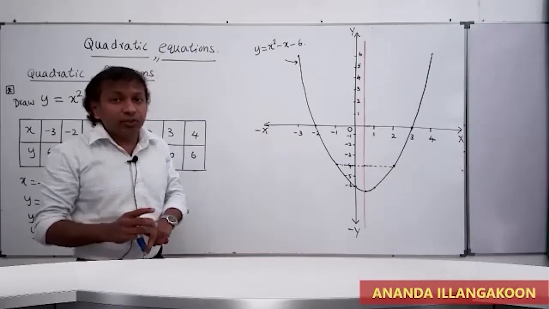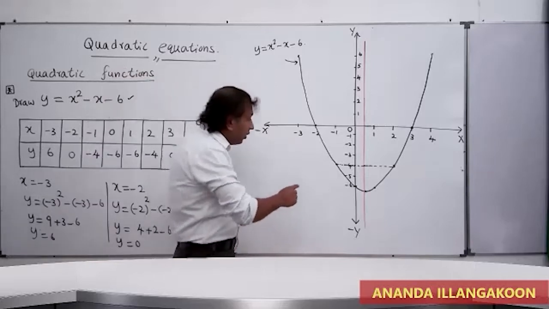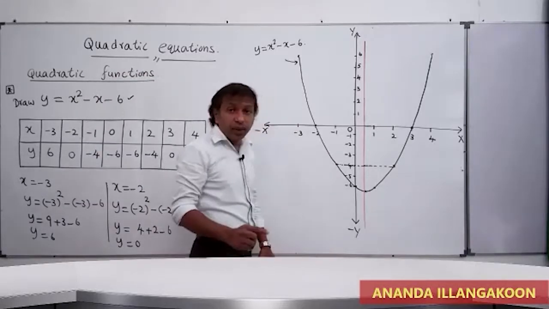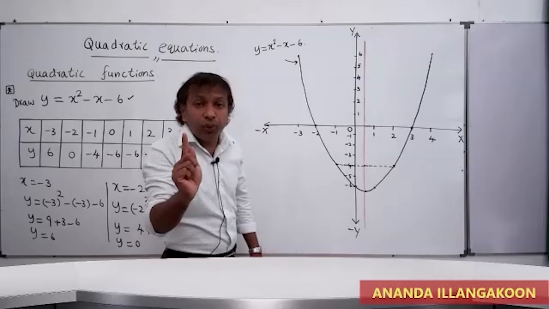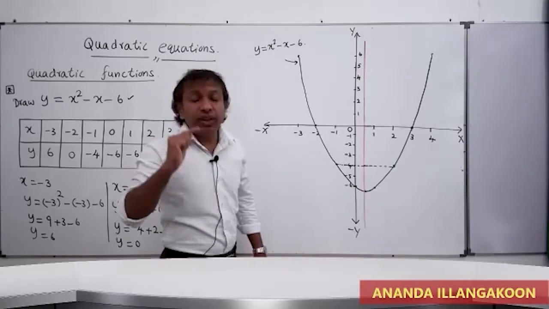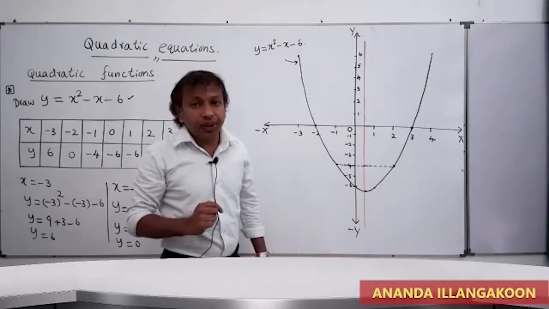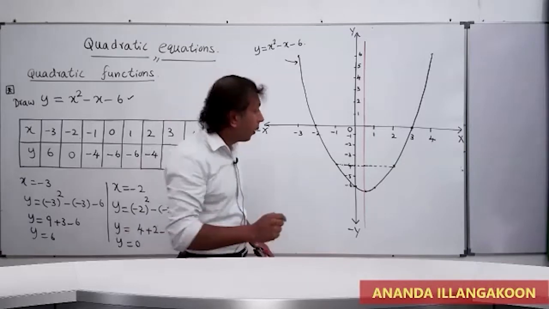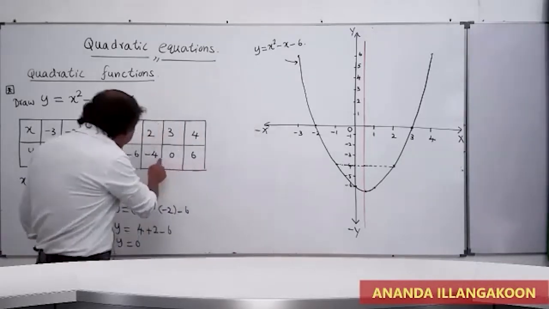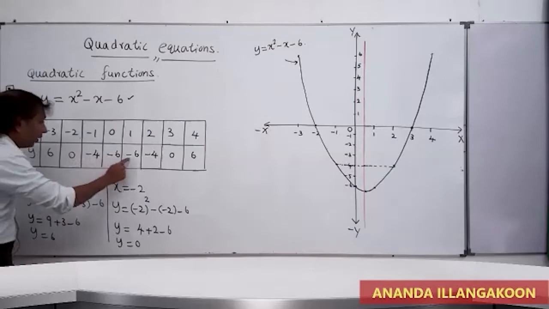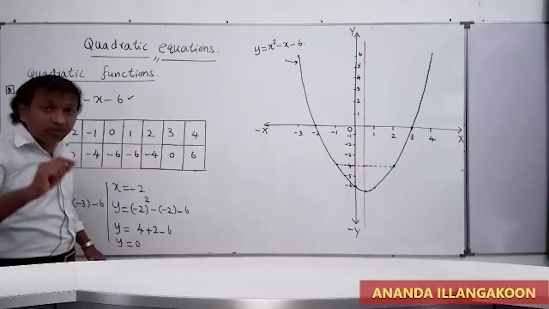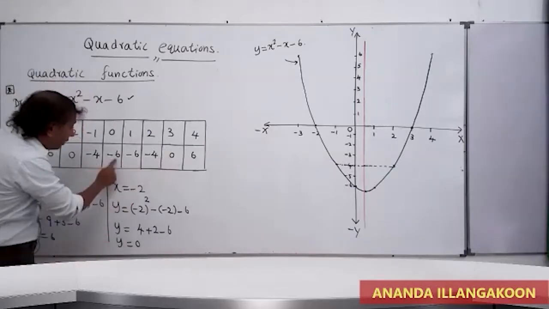Now the other thing is, people, you can see this graph has a minimum y value among the y coordinates. Y coordinates mean these figures. Among these figures, there is a minimum value that is not available in the table.